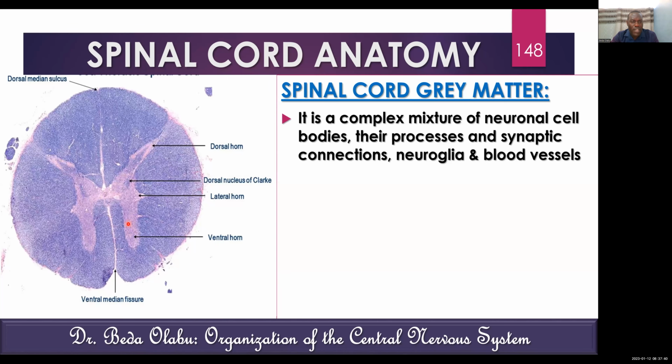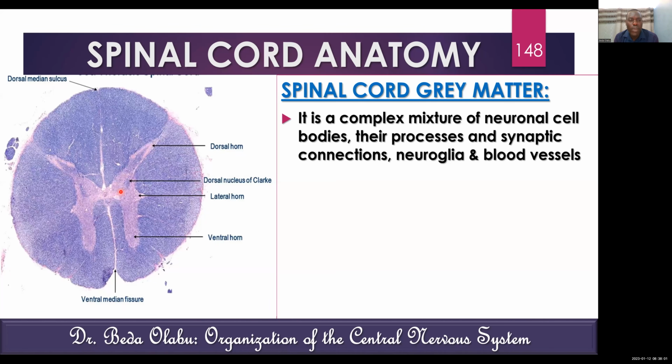So it's a complex of all of them. However, the definition of it being gray matter means that there must be cell bodies. And so the presence of the neuronal cell bodies is what makes it constitute as gray matter.